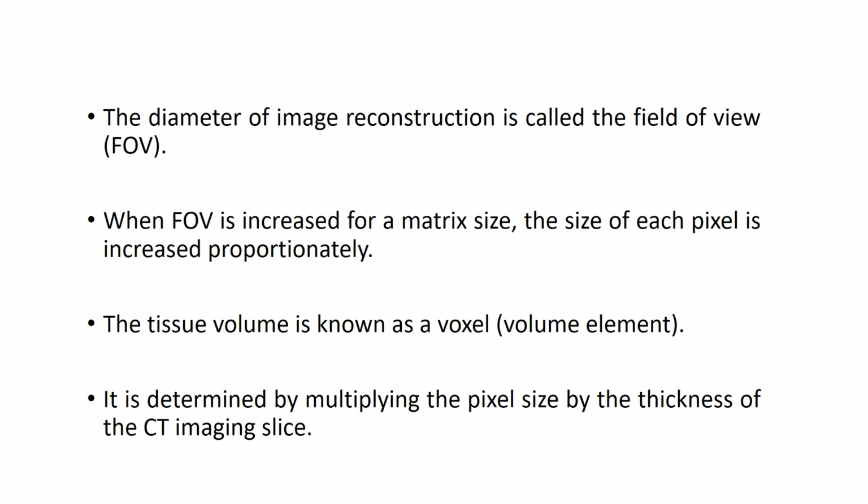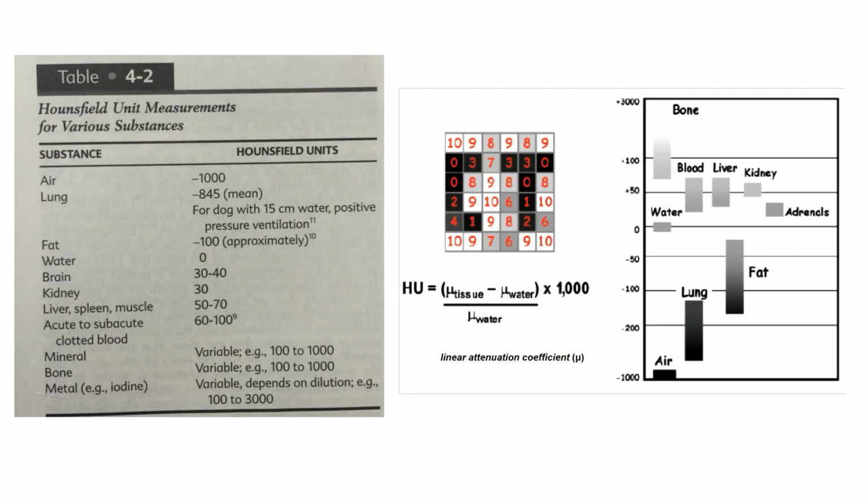The tissue volume is known as a voxel. Voxel is again a very important component of CT. It is a volume element, determined by multiplying the pixel size by the thickness of the CT imaging slice.